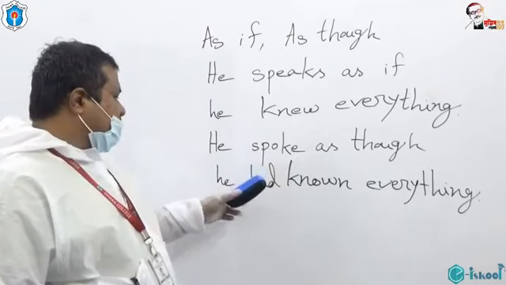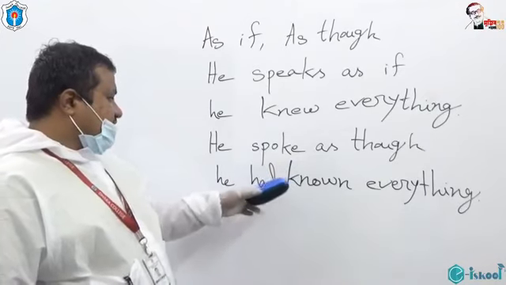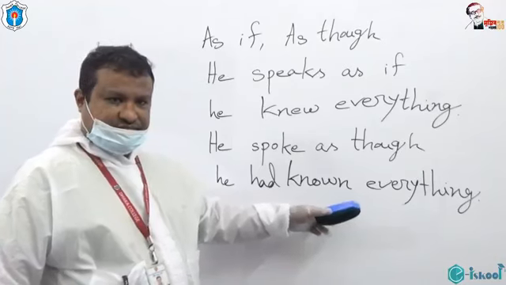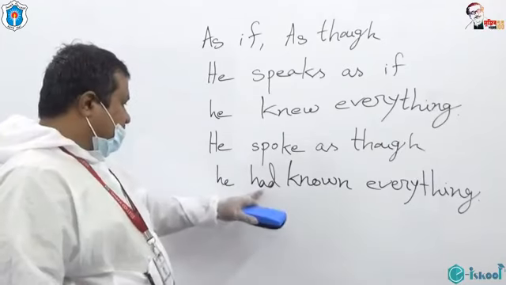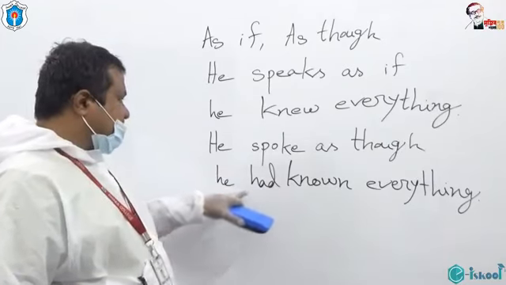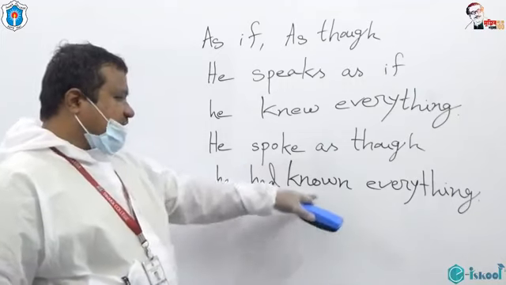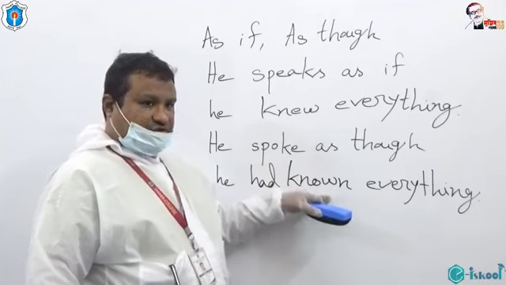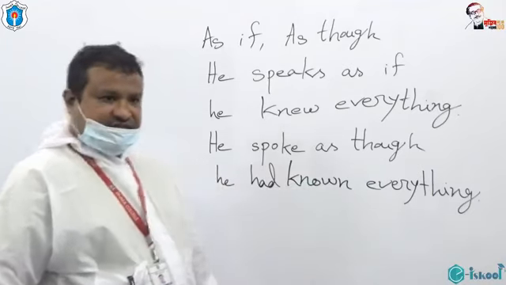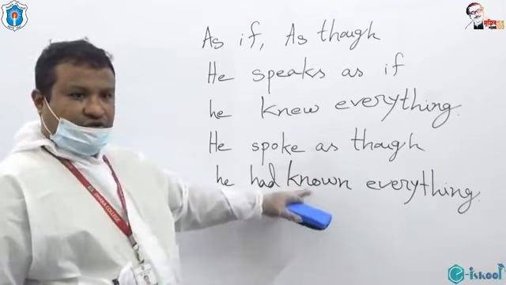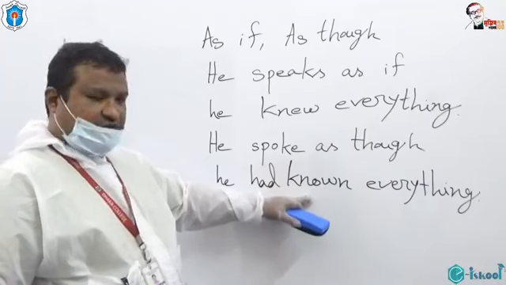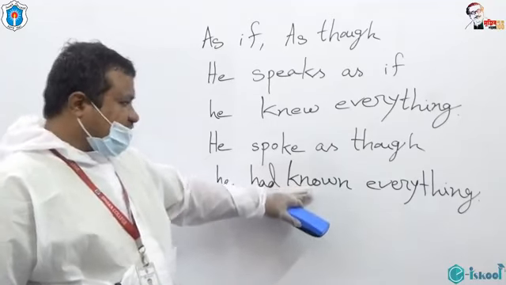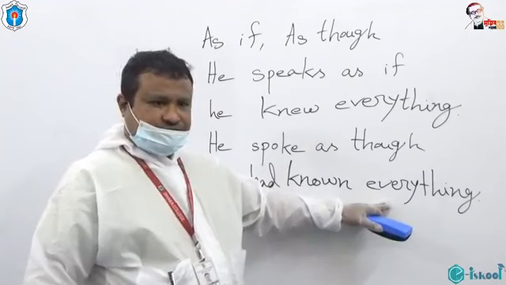So when we are using this, he had known everything, the structure is subject, then had plus the past participle form of know, and then the extension.